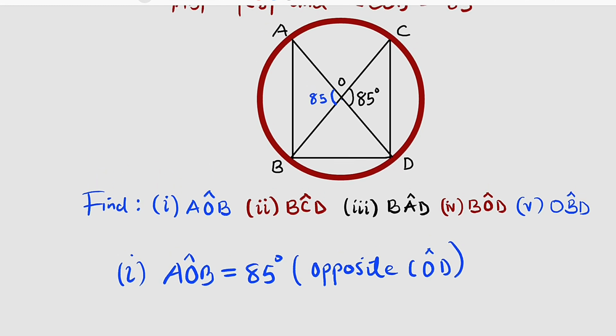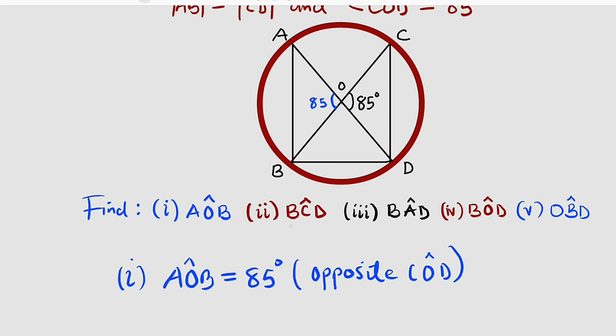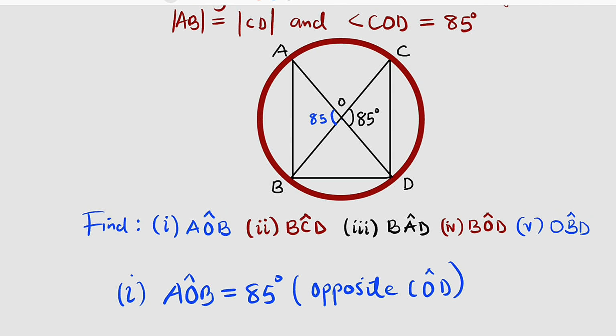Now let us move on to the second one. We want to find angle BCD. Let us define it here. BCD. Okay, we are looking for this angle right here. You should know that this triangle COD is an isosceles triangle, and an isosceles triangle has all its base angles equal.